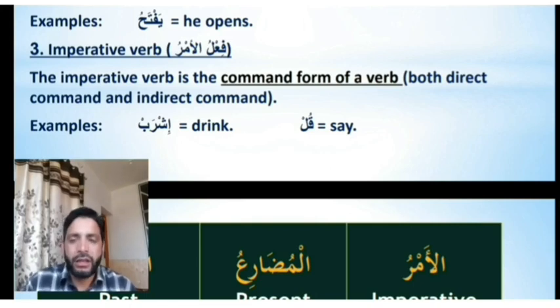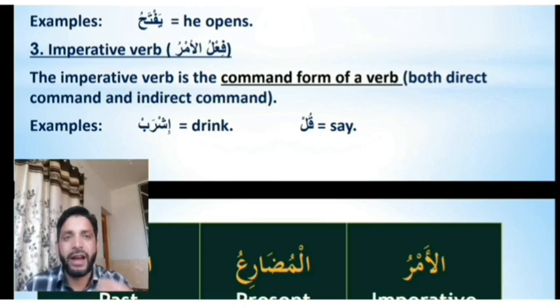Suppose I ask you, open the door. So I demand from you the action of opening the door. So this is fi'l amr, a verb in which you will find command, demand, and order. This is imperative verb, fi'l amr.